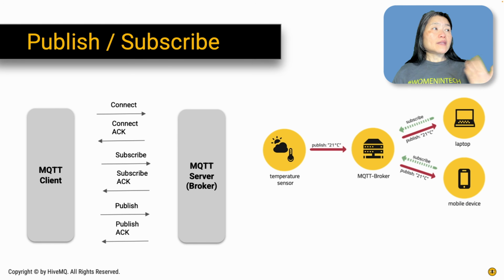Once the connection is established, clients can then subscribe. You send subscribe, you hear back from the broker with an acknowledgement packet, and on the publishing side, same thing, you get an acknowledgement back. That's the basic operating mechanism.